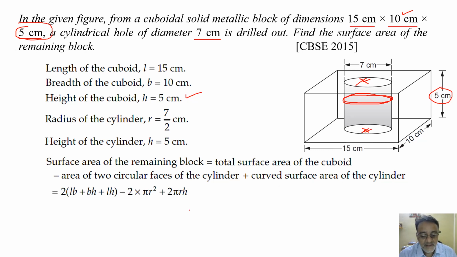Now here we will not take anything common because here no pi is there, so we'll substitute directly all the values, right? So 2 into 15 into 10 plus 10 into 5 plus 15 into 5 minus 2 into 22 by 7 into 7 by 2 into 7 by 2, plus 2 into 22 by 7 into 7 by 2 into 5.